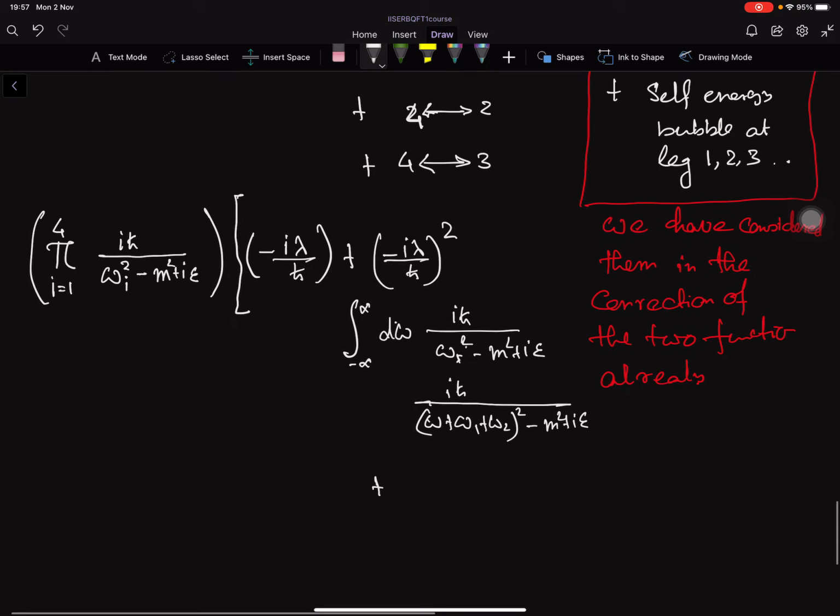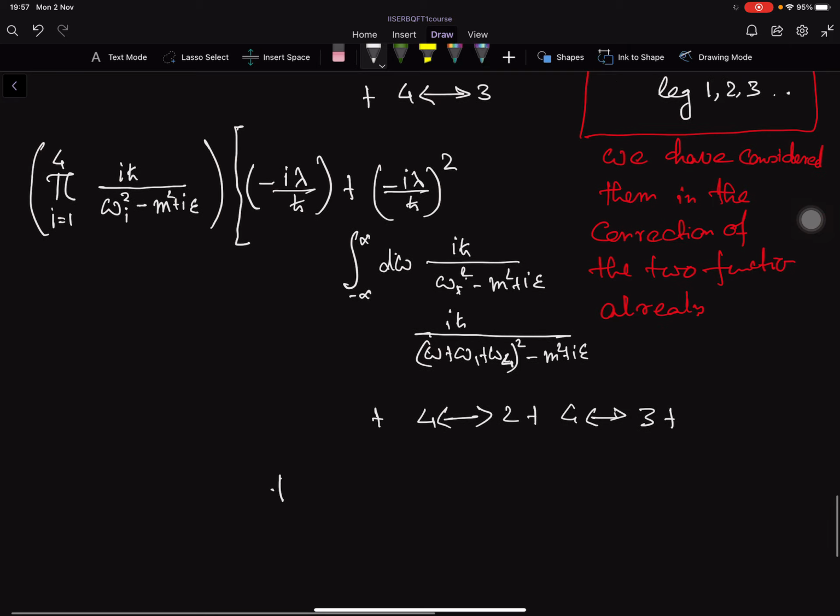And then of course, as we discussed, sorry, this is 1 over 4. 4 goes to 2 and 4 goes to 3, and then there are also higher order corrections which are of the order of (i over h bar) cube, something, plus dot dot dot.